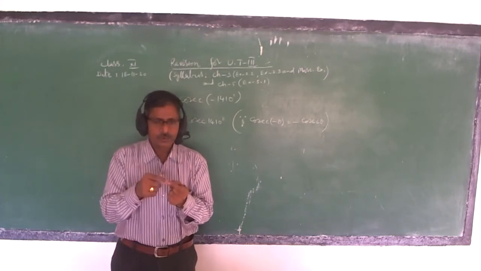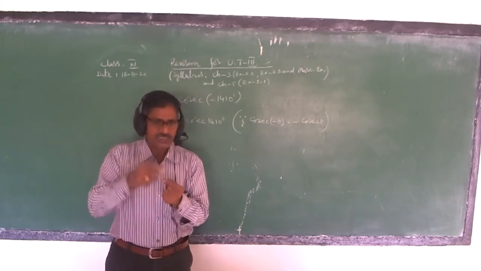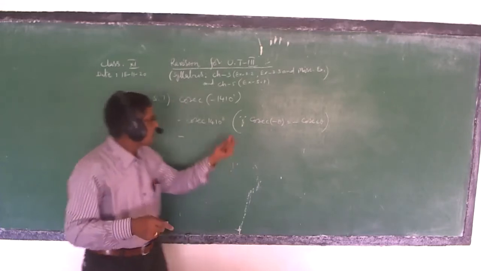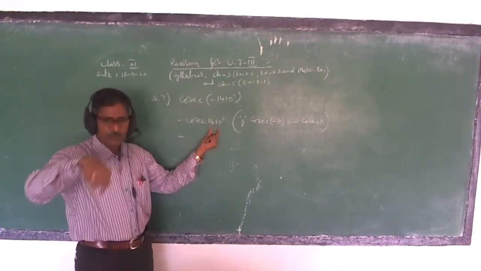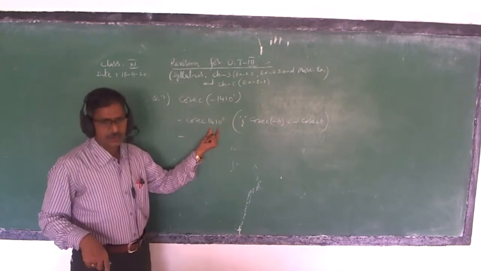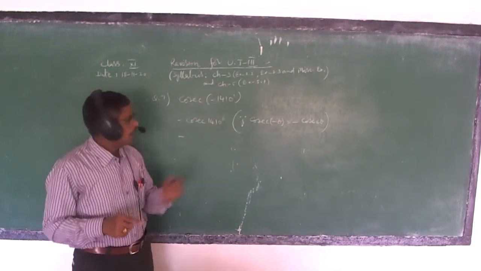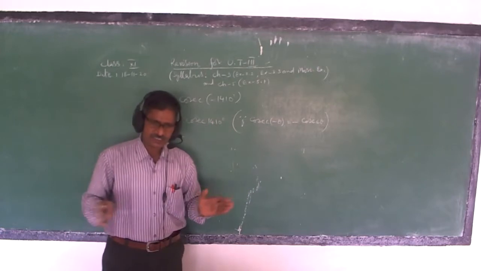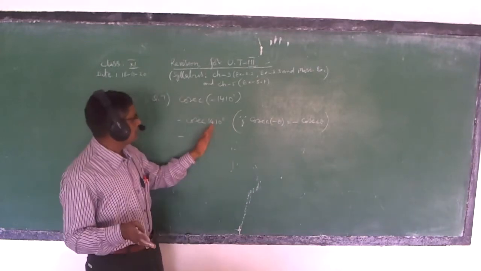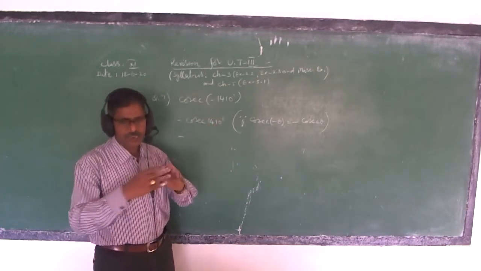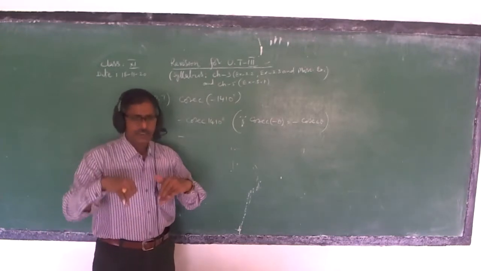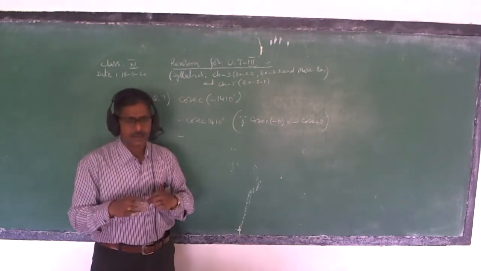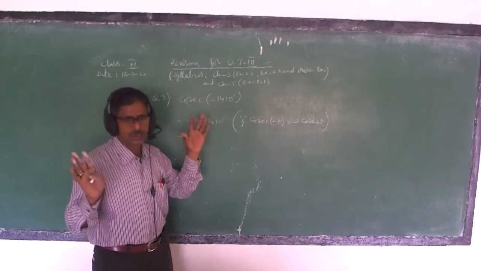So when we continue after 360, we get the angle in this way after a few rotations or revolutions, right? That is the reason why those many complete 360s are to be removed, subtracted from the given angle. Then whatever angle remains, that angle will be equal to the given angle.